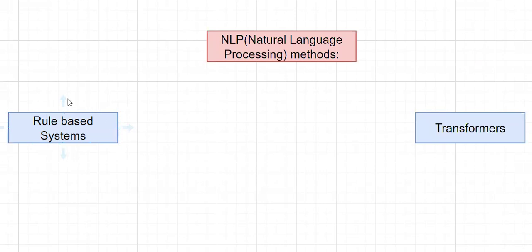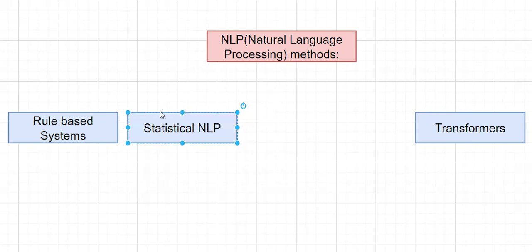Then, due to some limitations present in this method, we came to statistical natural language processing. To overcome the limitations we encountered while using rule-based systems, we came to use statistical natural language processing.